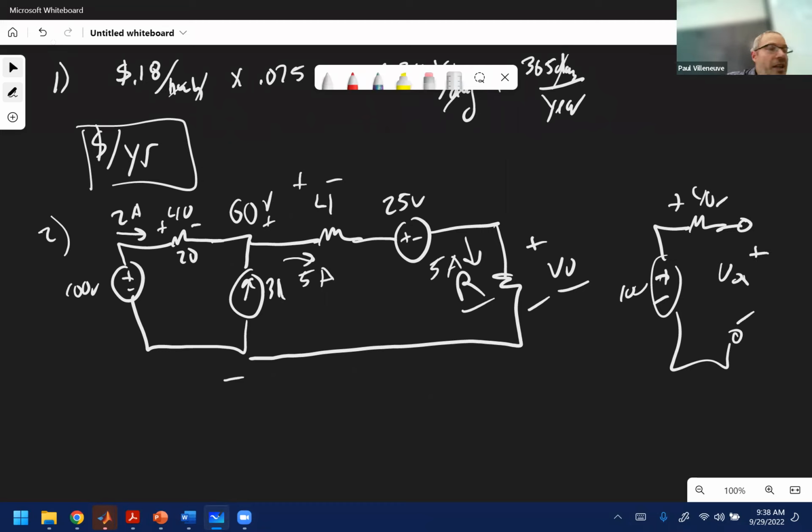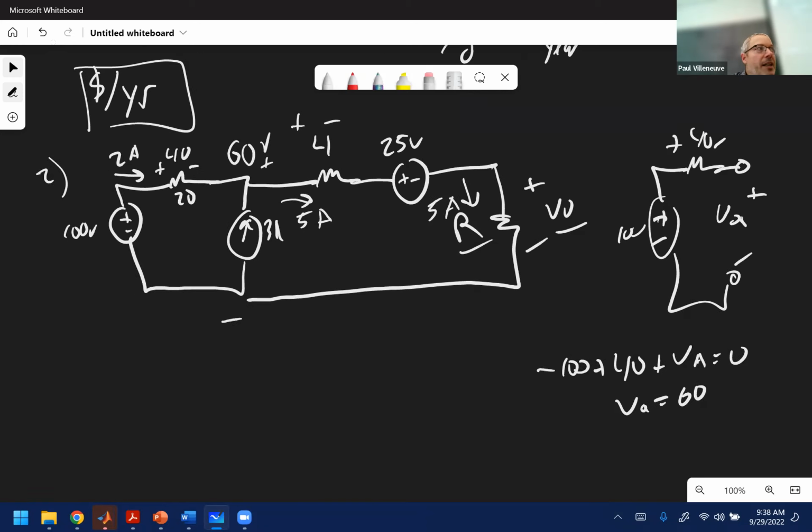So just do KVL: minus 100 plus 40 plus VA has to equal 0. So VA equals positive 60. If you just do it that way, it takes the guesswork out of it. Is it adding or subtracting? But you got to maintain those plus minuses. That's the other part of it.